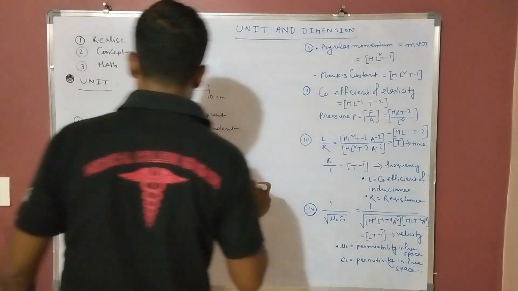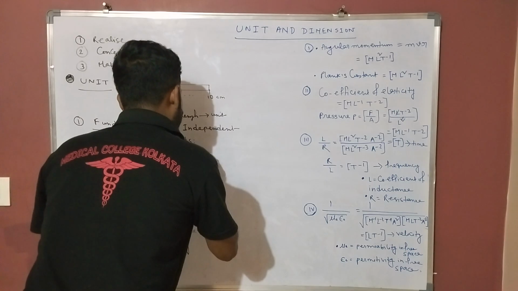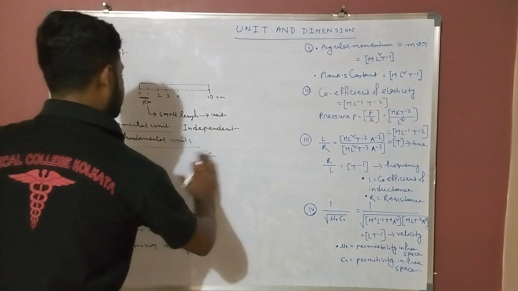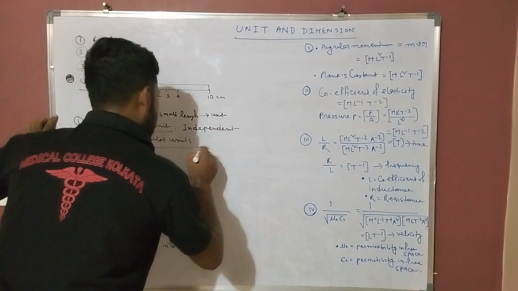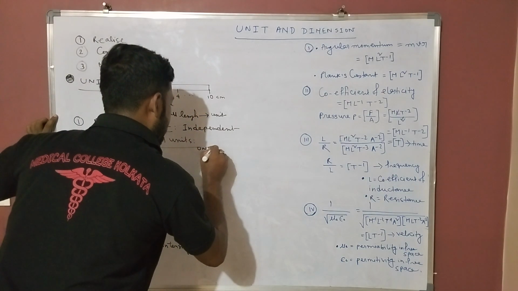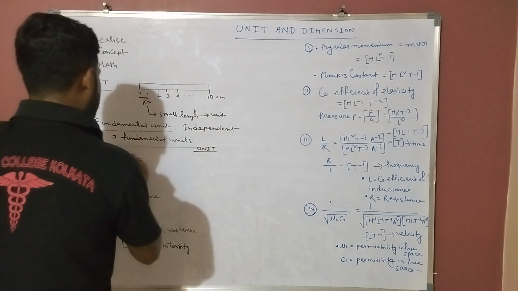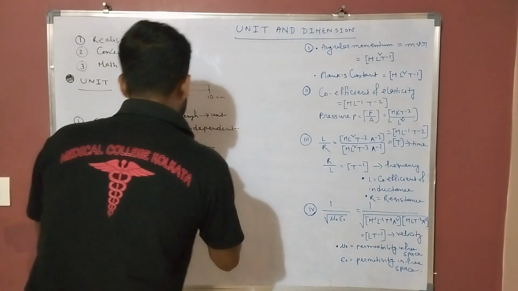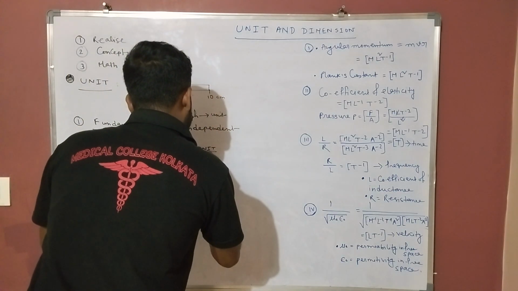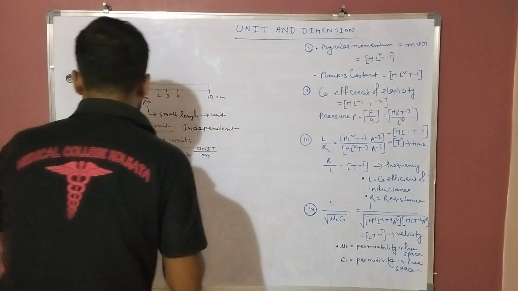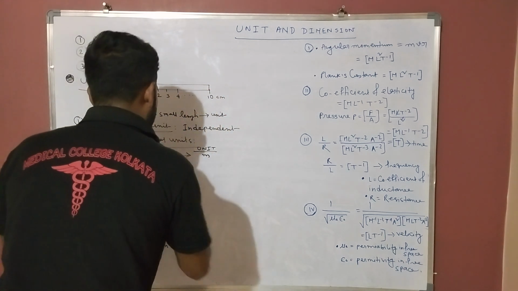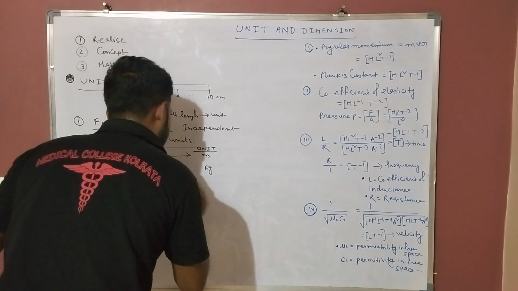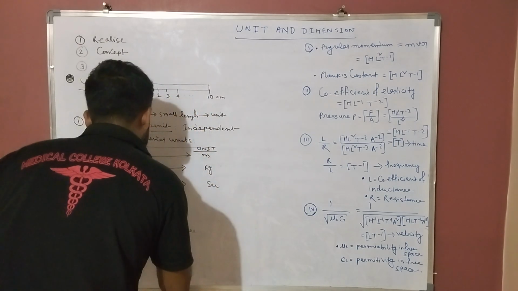So in the SI or MKS system, what will be the units? What is the unit of length? Meter. What is the unit of mass? Kg. What is the unit of time? Second.